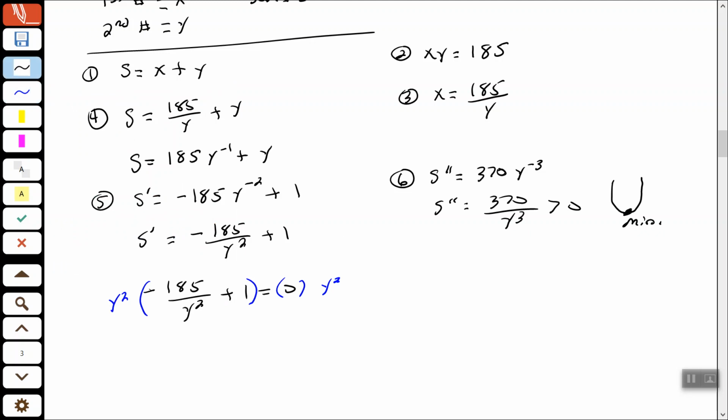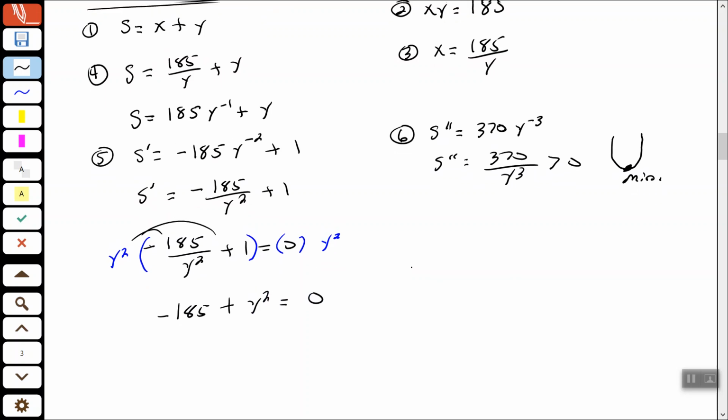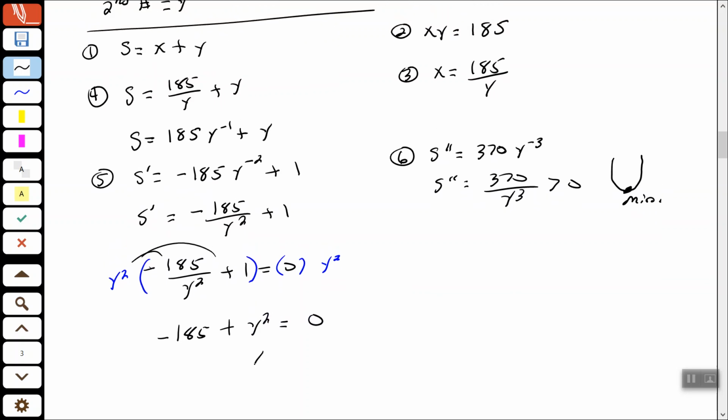Using my distributive property, y squared times negative 185 over y squared is just negative 185. And then y squared times 1 is y squared. Y squared times 0 is 0. All right, add 185 to both sides.